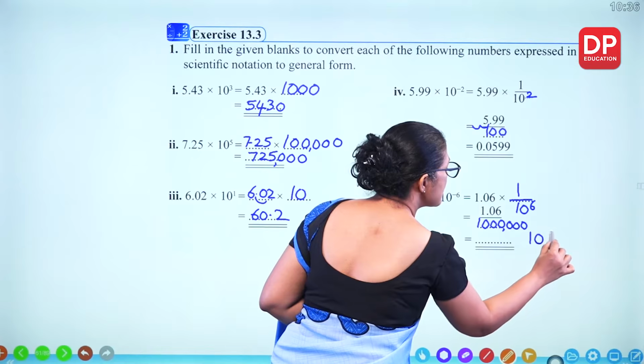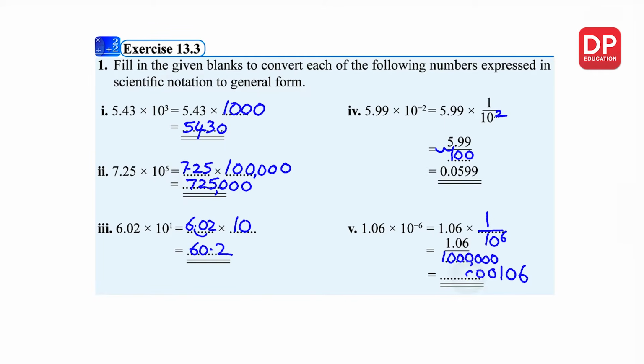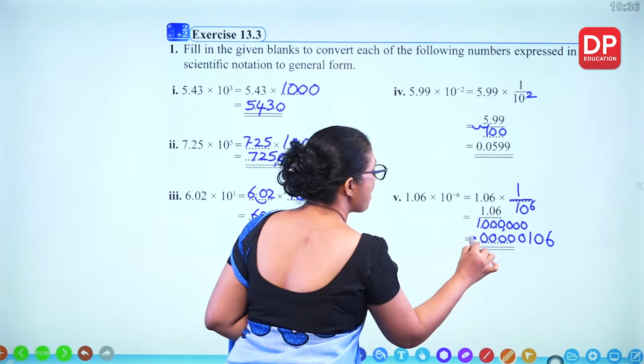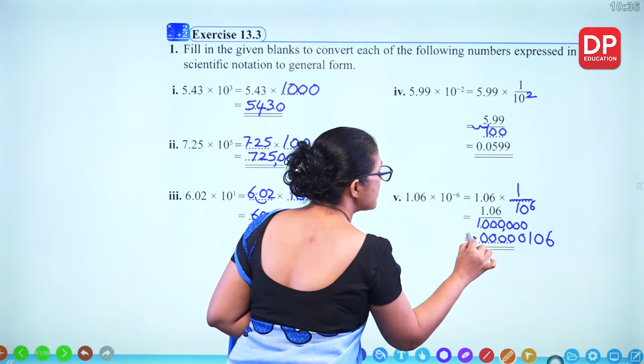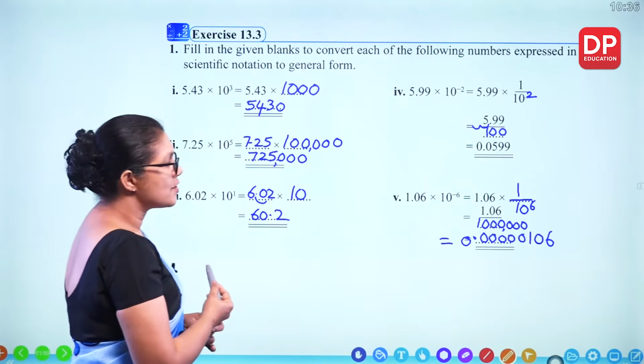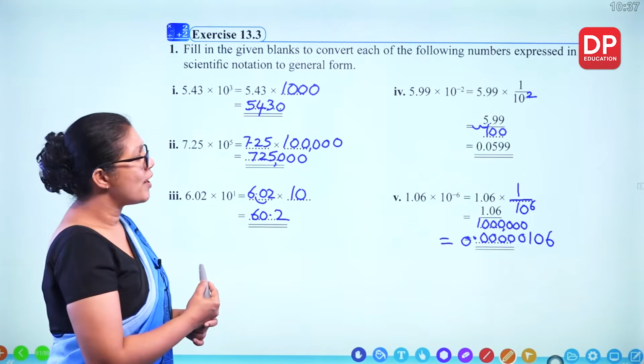So 106 is there. This is 1, 2, 3, 4, 5, 6, and then the decimal place comes here. So I'll write 0.00000. How many zeros? 5 zeros and 106.